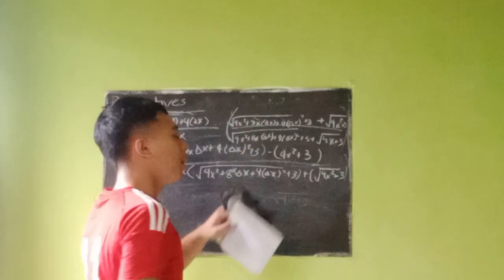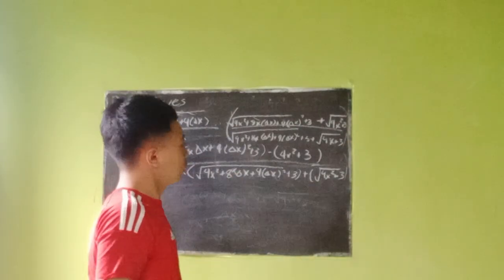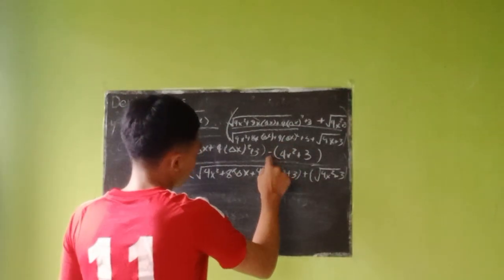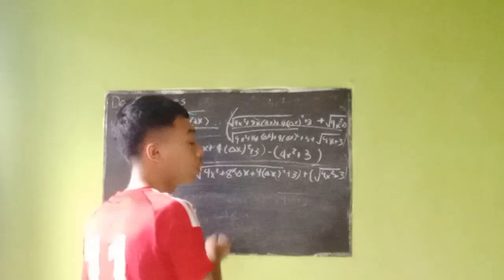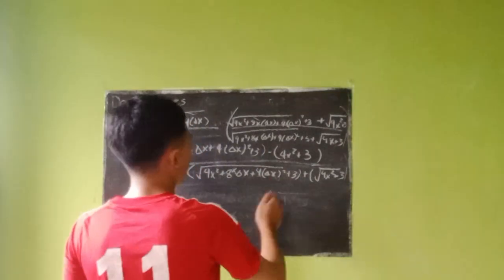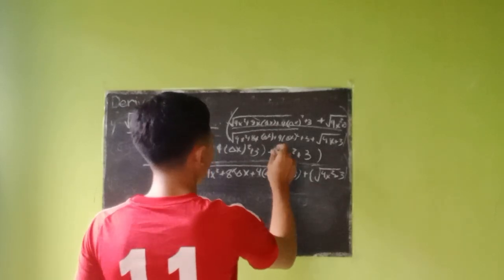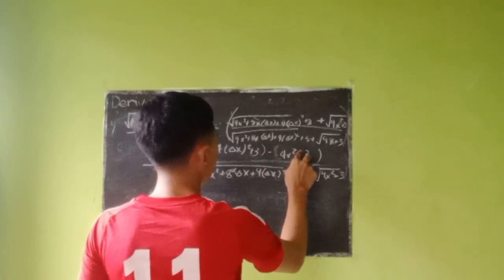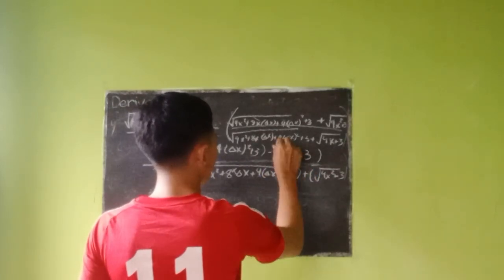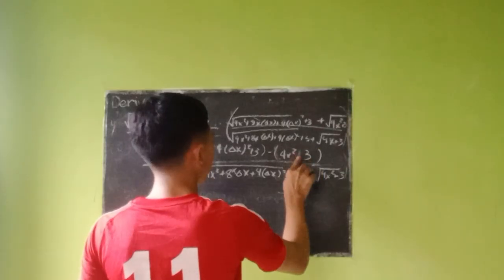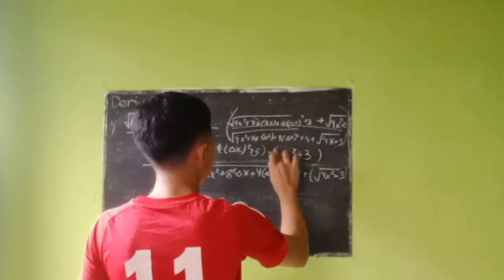Not substitution, but by distributing these integers or the sign, we can simply say that this one will be negative 4x squared, and this one, wait, no, this one will be 4x squared, and this will be negative 3 as a result.